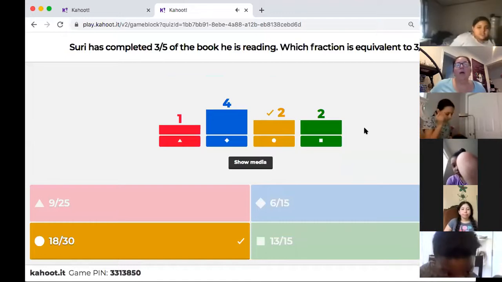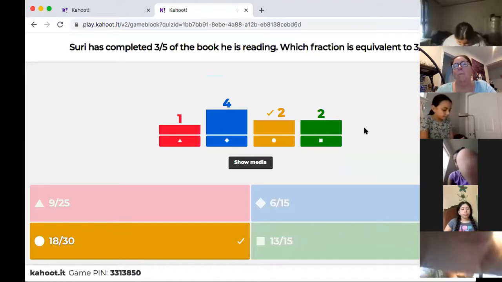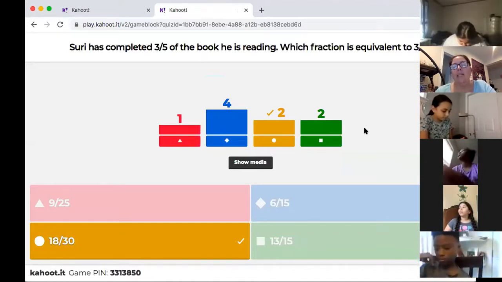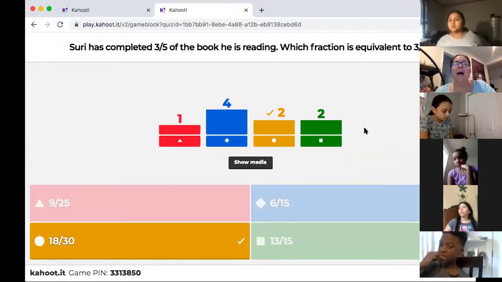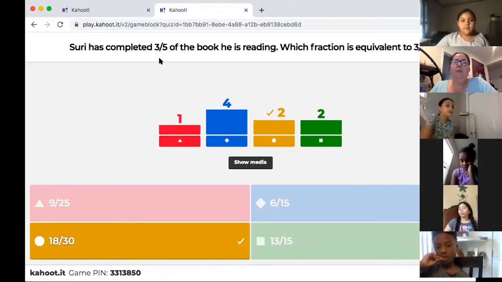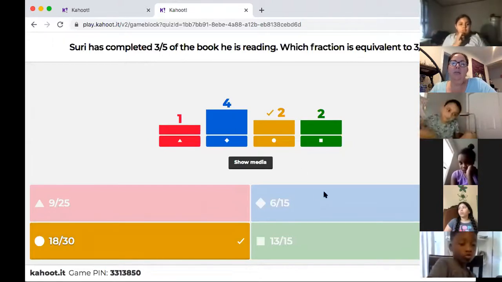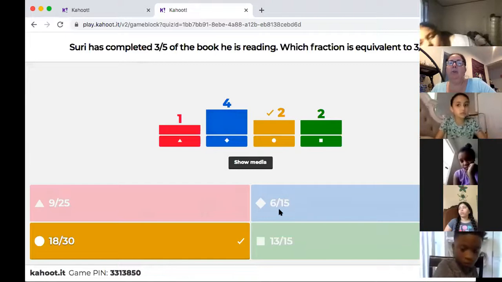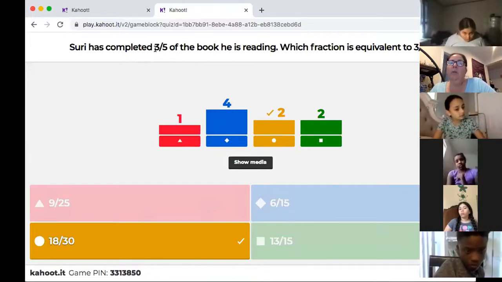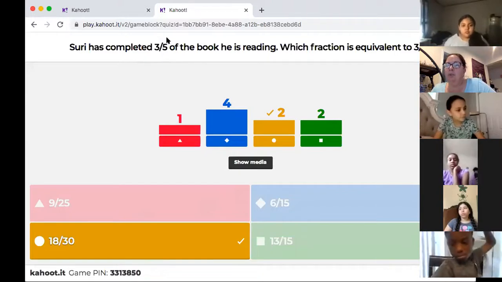All right, so 2 people. So remember, when you find an equivalent fraction, you're either going to multiply the numerator and denominator by the same number or divide the numerator and denominator by the same number. So for 3/5, let's do the 6/15. Most people chose the blue. You can multiply the 3 by 2 and you would get the 6 in 6/15. But 5 times 2 would be what? 10.